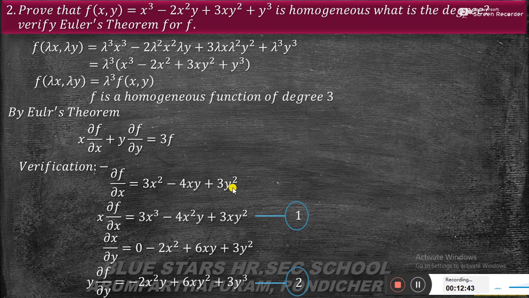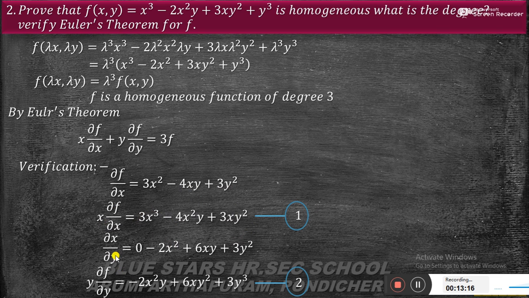Therefore ∂f/∂x = 3x² − 4xy + 3y². Next I multiply by x: x ∂f/∂x = 3x³ − 4x²y + 3xy². I mark this equation number 1.